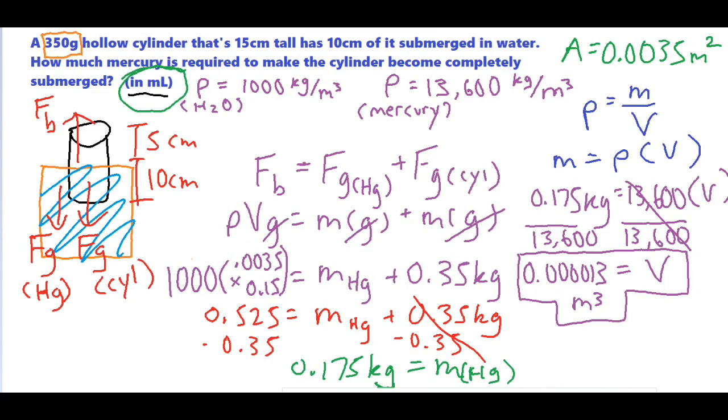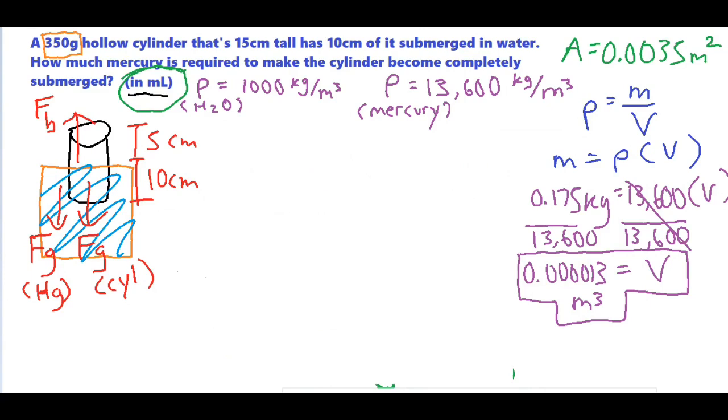All right, so we're almost there. It looks like we're getting pretty close. We do have the volume, but we want to do a little bit of converting. So let's clear a bit more space. Now what we can do is take our volume and convert this 1 meter cubed into centimeters cubed. Okay, so we have 100 centimeters.